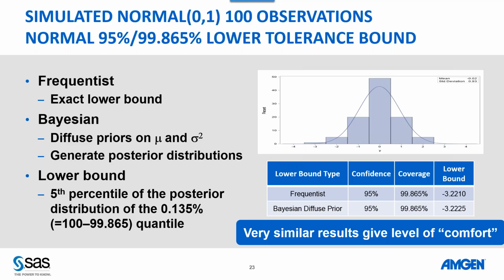In this case, if you have normal data and you use these diffuse priors and you want a 95%, 99.865 coverage lower bound, you get essentially the same number. Under the exact frequentist approach, the number is minus 3.22. Under the Bayesian approach, it's minus 3.22. And notice that this number is less than minus 3, and that's because it takes into account the sample size and the noise in the data. So we're just going to start with the results, and then we're going to show you how we get those numbers.